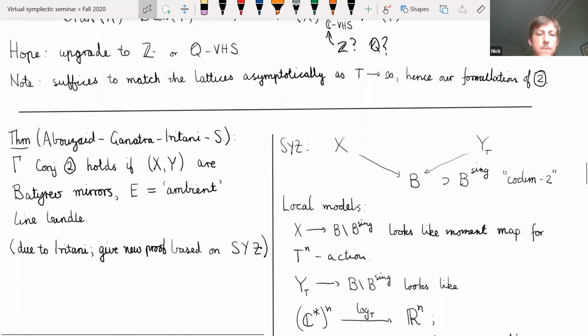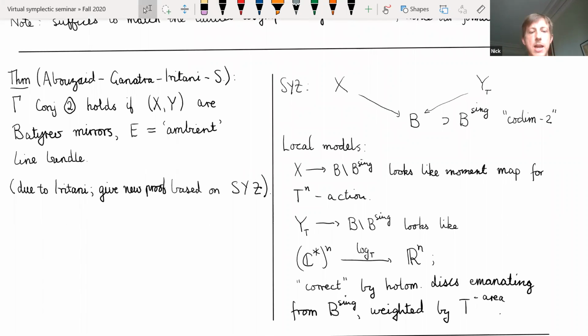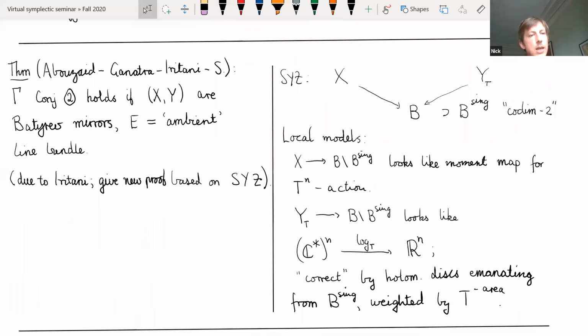And our main theorem is that this formula that I just put a square around holds if X and Y are Batyrev mirrors, so mirror Calabi-Yau hypersurfaces in Fano toric varieties, and E, the complex of coherent sheaves, is a line bundle restricted from the ambient toric variety.